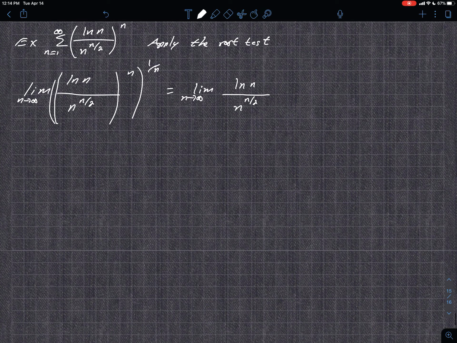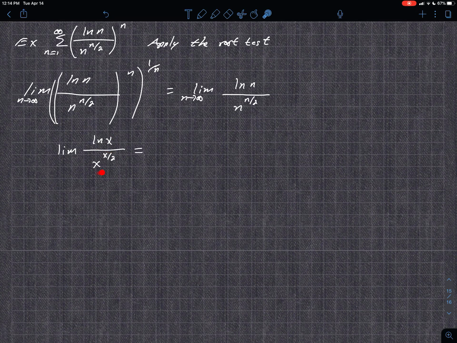Now that you can show using other techniques. So if you wanted to, you can do the limit of ln x over x to the x over 2. And you may have to do some work on this one to show what happens. But basically what's going to happen here is this denominator is going to grow a lot faster than this numerator.